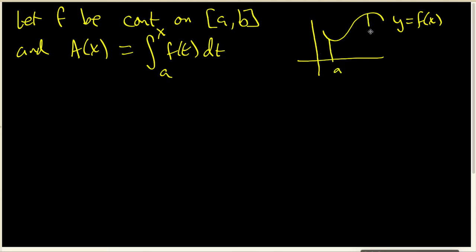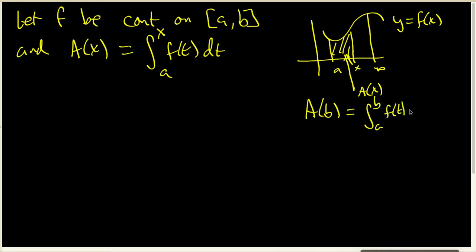As a quick reminder, if this is y equals f of x, and this is a and this is b, then at a particular x value, A of x gives that particular area. A of b is the integral between a and b of f of t dt, but because the variable of integration is a dummy variable, that is the same as the integral between a and b of f of x dx.